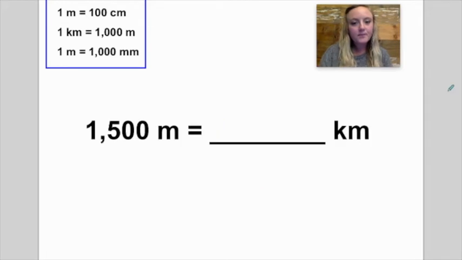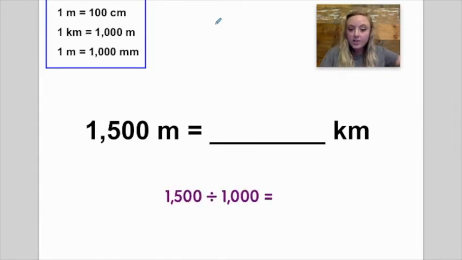Next, we have 1,500 meters is equal to how many kilometers? I'm still using meters and kilometers, so I'm still going to use this number 1,000. Now remember, meters, doorway, kilometers, football fields. So that's small to large, divide and take charge. So our equation is 1,500 divided by 1,000. So let's put our decimal point at the end.